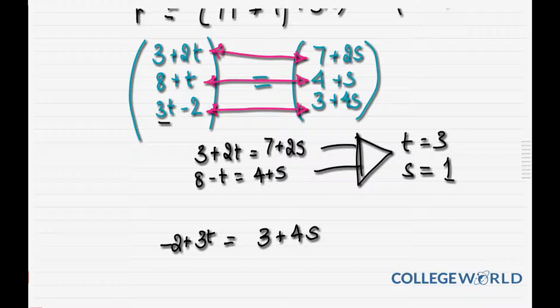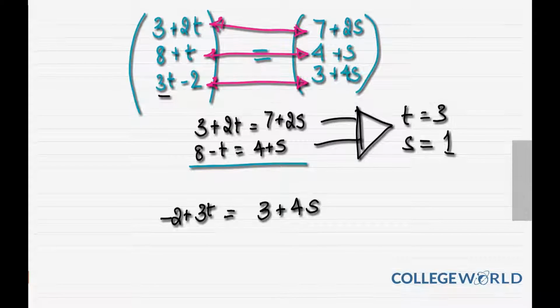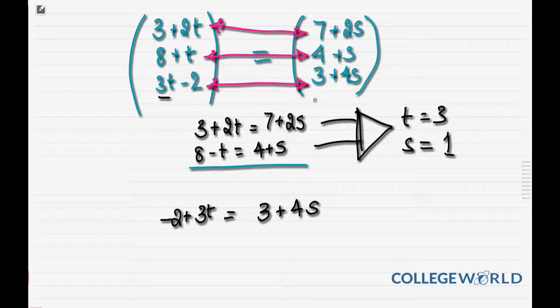Although I'd rather not, just so you know, if we want to express t, it's equal to 7 plus 2s minus 3 over 2, which is 4 plus 2s over 2, which equals 2 plus s. So that's our t: t is 2 plus s.